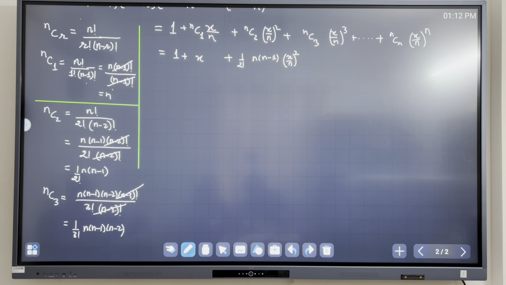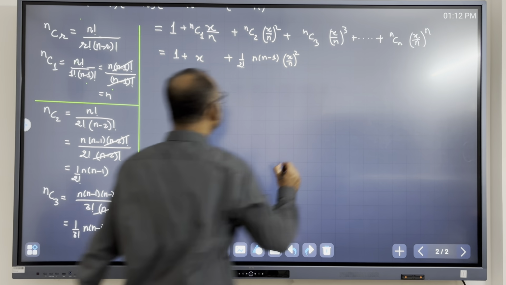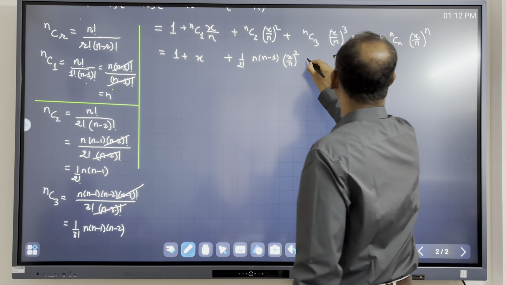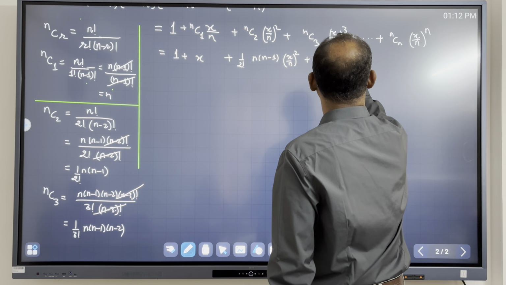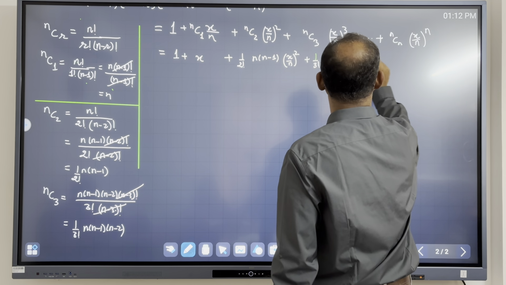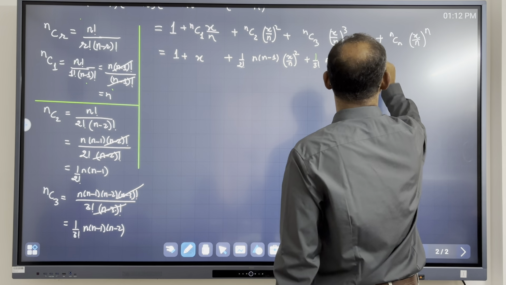Correct? So this term is 1 over 3 factorial n into n minus 1 into n minus 2 times x over n cube.